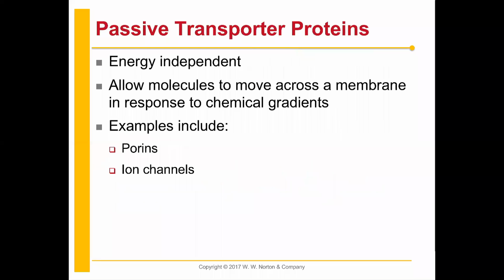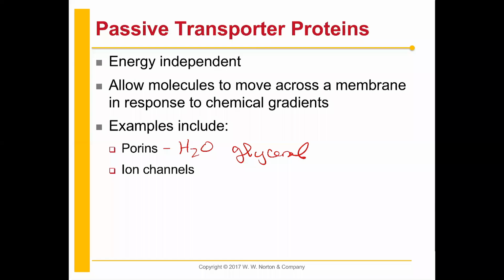So let's look at some more examples. Passive transport, right? These are energy independent, don't have to put anything in. And it allows our molecules to move across in response to chemical gradients. So let's talk about a few of these. Porins. Porins allow small molecules, for example, water, glycerol, things like that to pass through the membrane.